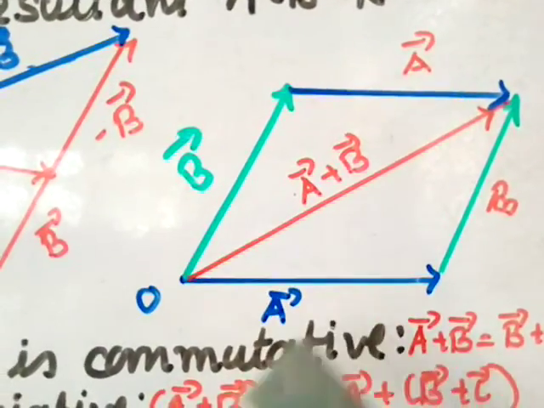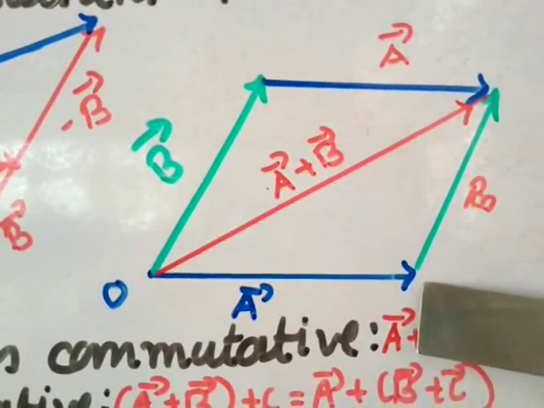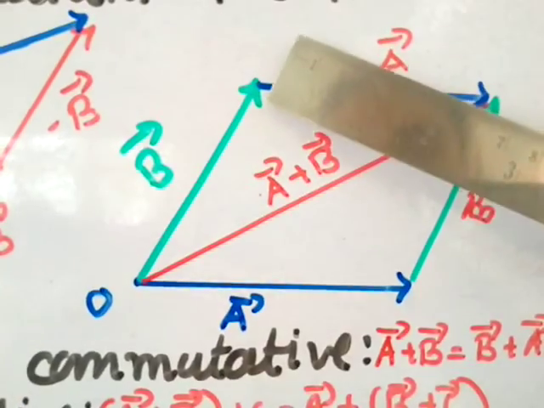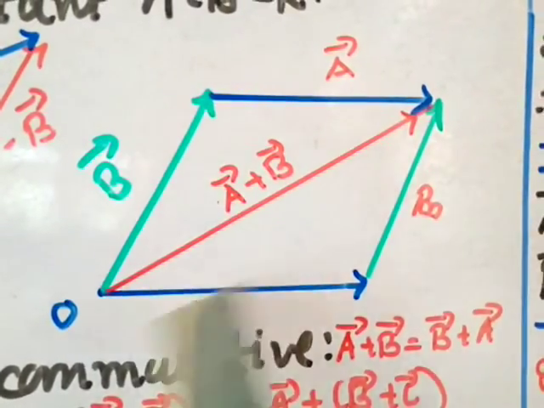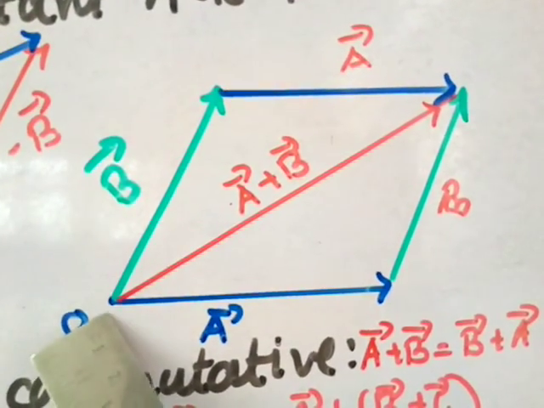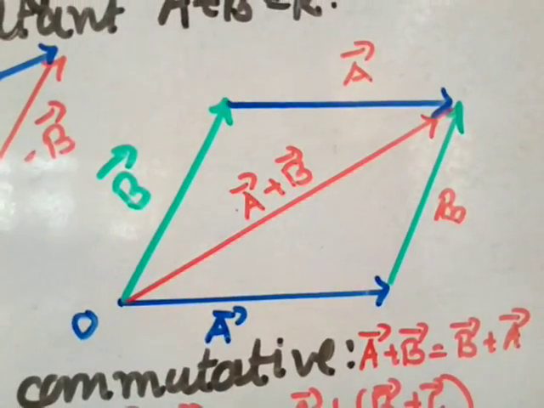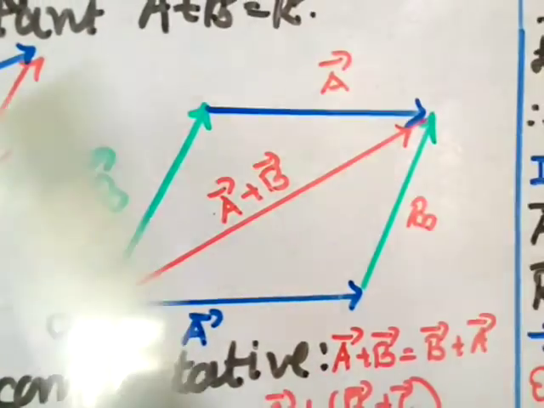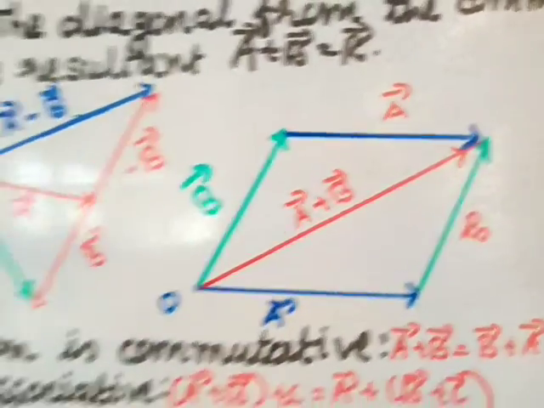So both are drawn from the common origin. Now you have to draw from the head of a a line parallel to vector b, and from the head of b a line parallel to vector a. So you are completing the parallelogram. From the common origin, if I draw a diagonal, this will give you the sum of a and b. And this is like a parallelogram, so we call this the parallelogram method.